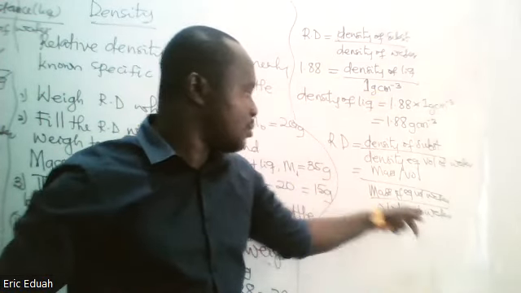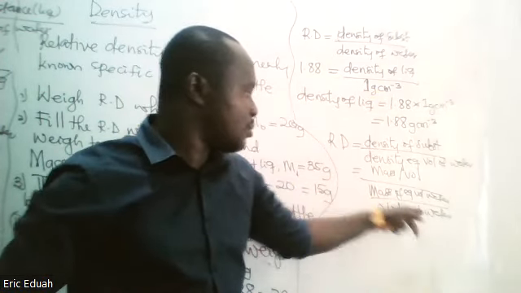So numerically, relative density and density have the same value, but it only works for a density in gram per centimeter cube, not kilogram per meter cube. All right, so that is how to use the RD bottle to determine the density of substances.